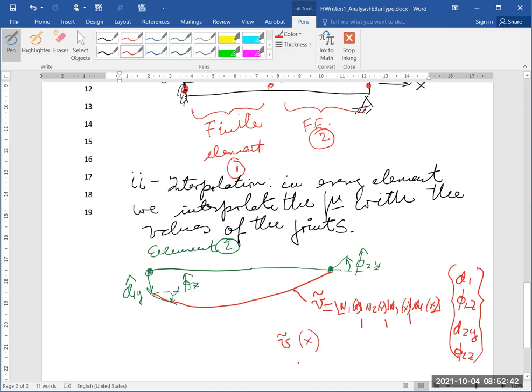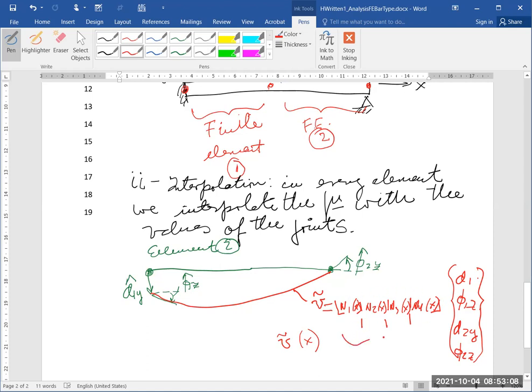Question for you: how many unknowns do we have right now? 3. Exactly, because D2y is 0. So we have 1, 2, and 3. We suppose that these functions for interpolation can be expressed completely.